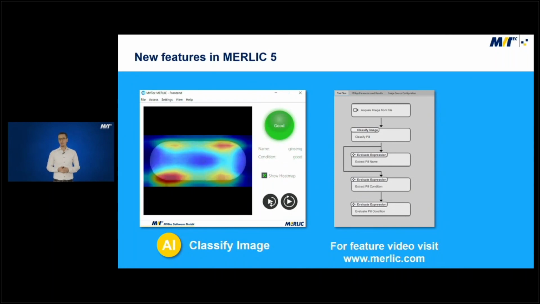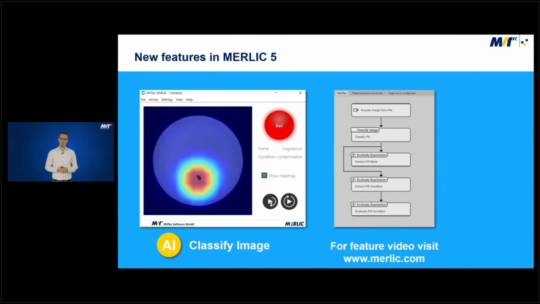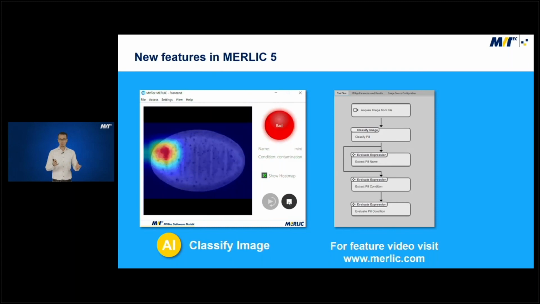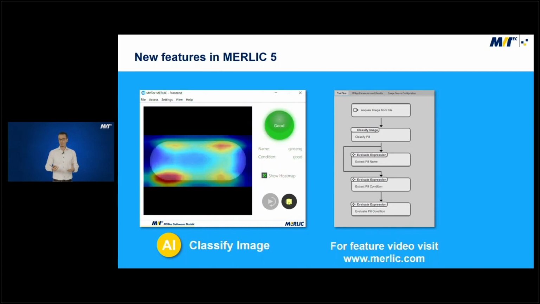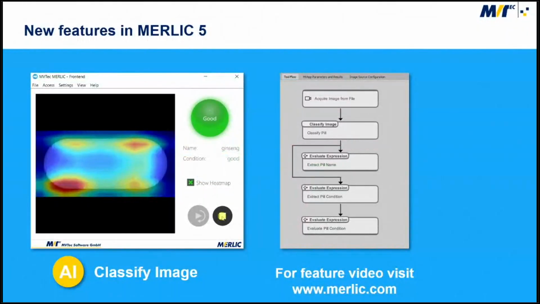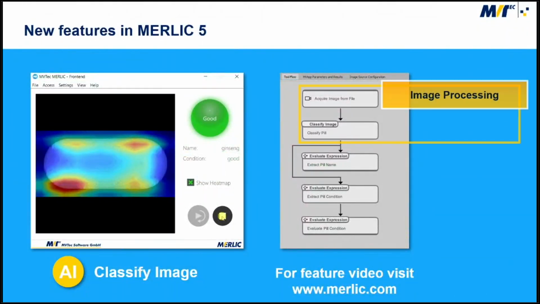Here we can see our front end. With this kind of classifier, the heat map shows the most interesting areas in the image, which have the most influence on the decision of the neural network. And how we did that, or how we used the classifier in Merlic, we can see here.